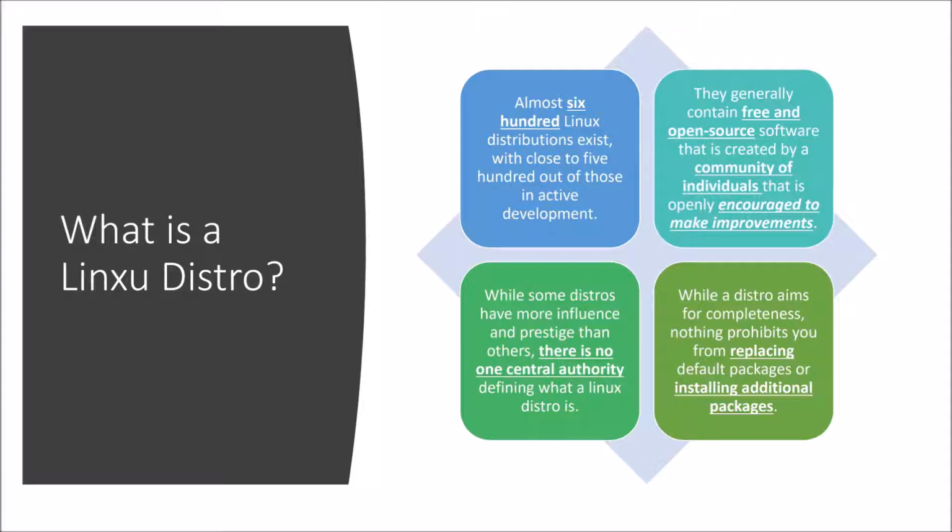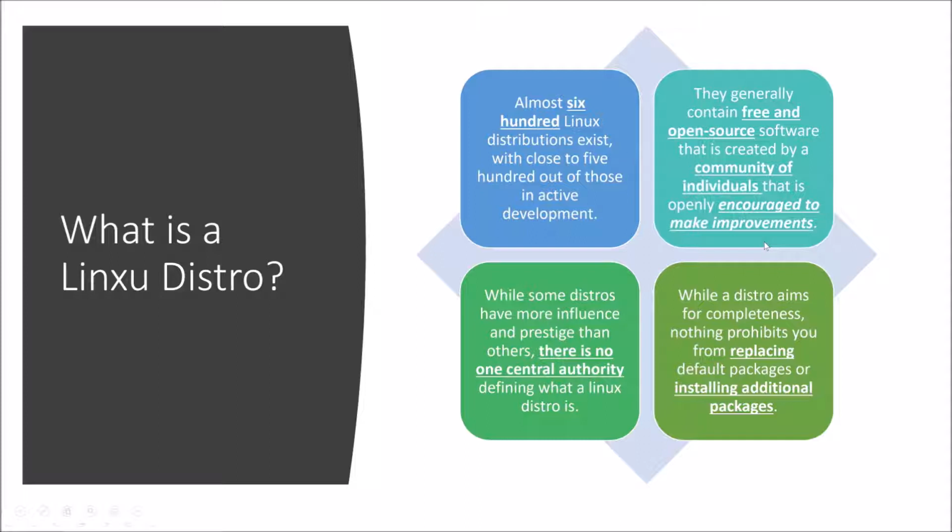Linux is also running on everything from the smallest handheld phone or embedded device up to mainframes, so obviously you need certain characteristics. So there's a need to have a lot of different distributions. They generally contain almost entirely free and open source software that's created by a community of individuals who are openly encouraged to make improvements.